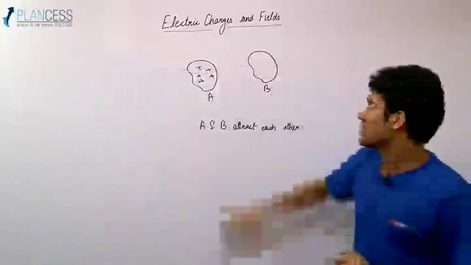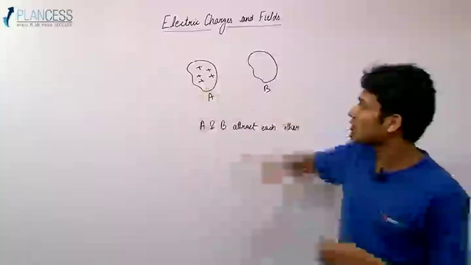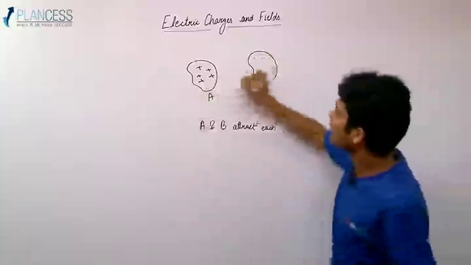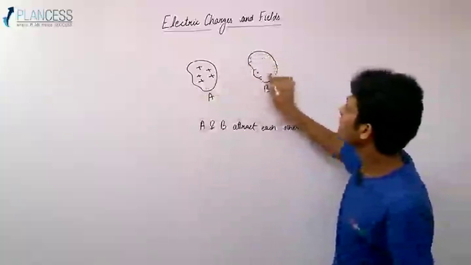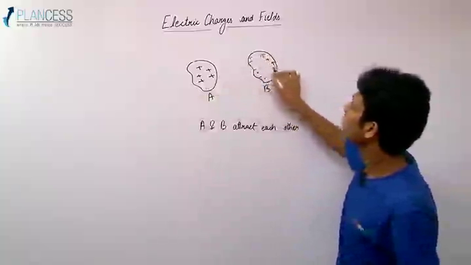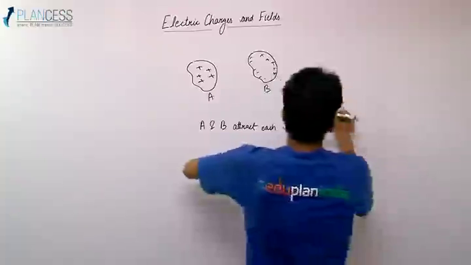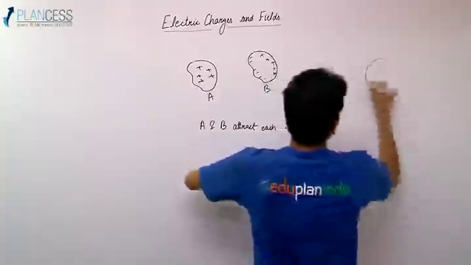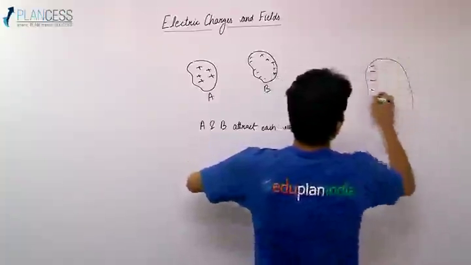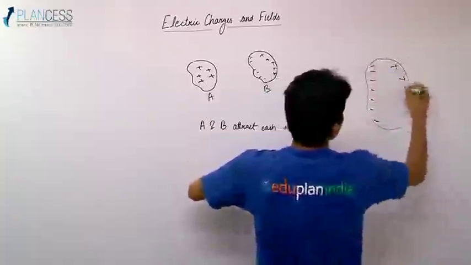In both cases, the bodies will attract each other. If B is neutral, then A will induce an orientation of charges like this: let's say this is A, which is positively charged, and this is a body where here are negative charges and there are positive charges.